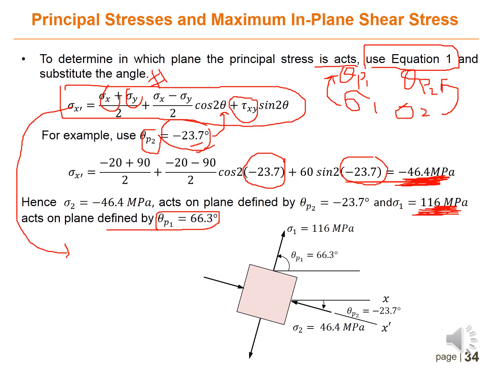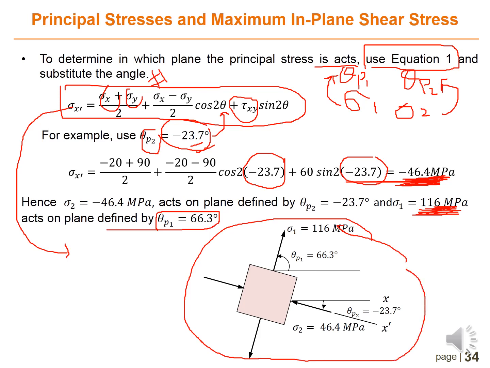116 megapascal. As you can see in this figure, this element is rotated clockwise at an angle of 23.7 degrees, and the maximum in-plane normal stress here is equal to 46.4 megapascal. Since the value you obtain here is negative, it must be acting inwards.